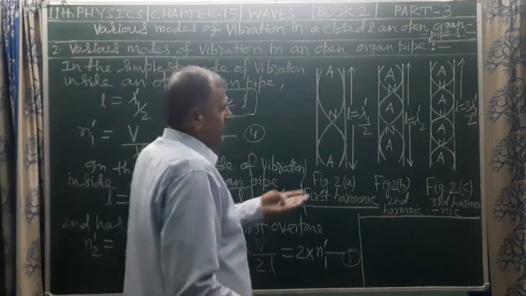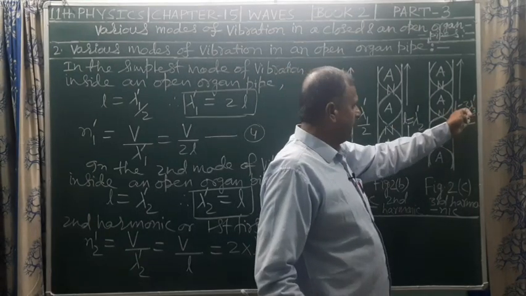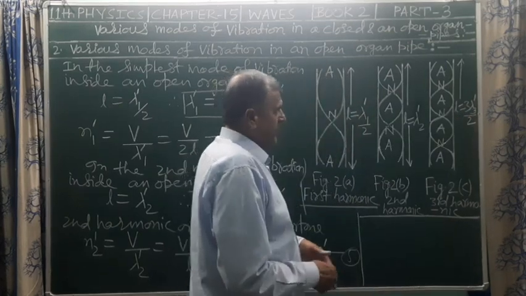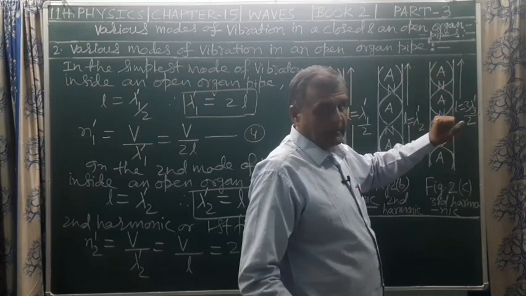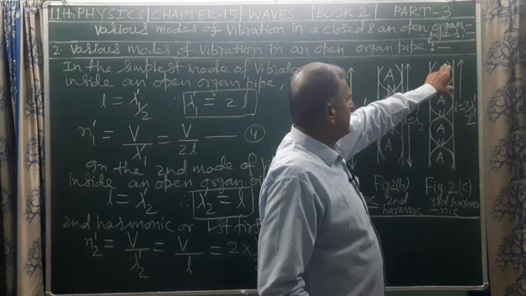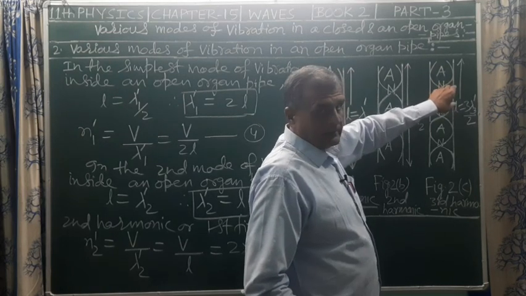So the length of the tube in this case is 3 λ3'/2. As we know, the distance between 2 nodes, or 2 antinodes, is λ/2, while the distance between a node and an antinode is λ/4.